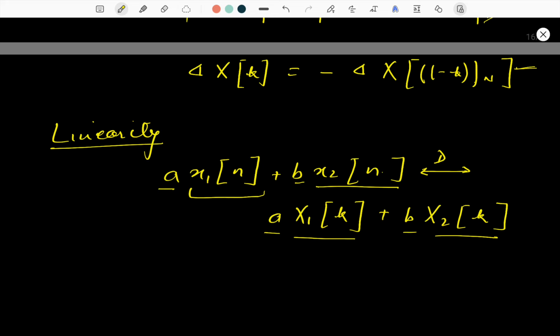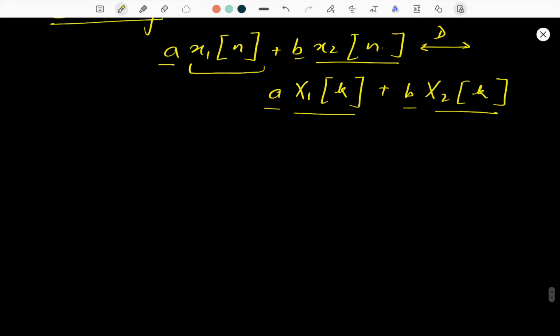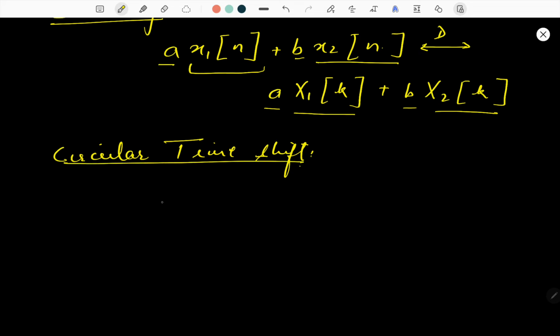Let's move forward, where the third thing is circular time shift. In which x(n minus m) is a time shift. Previously it was x(n), but there is a shift of m.